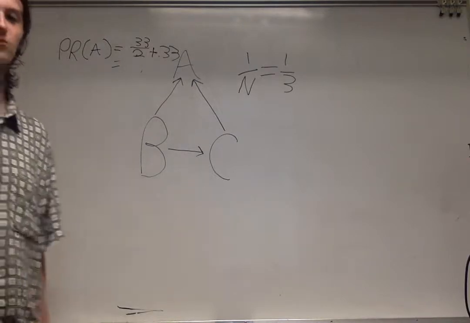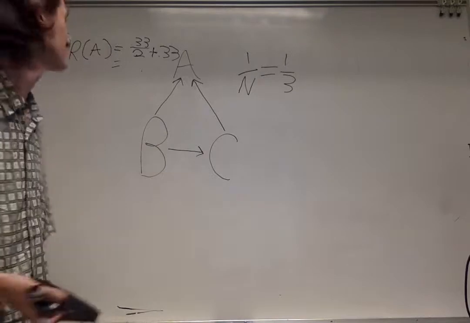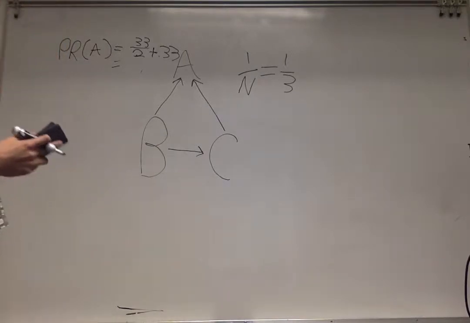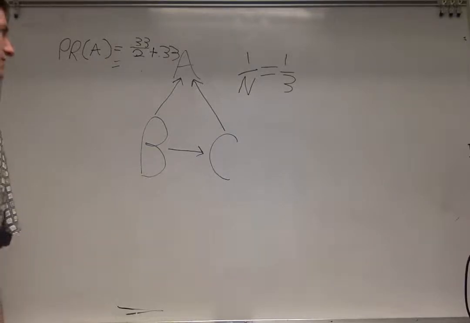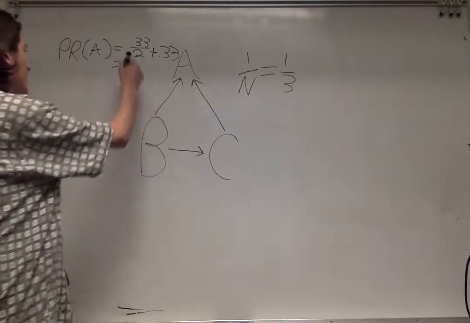So then, our new result is going to equal 0.165 plus 0.33, which is equal to 0.495.